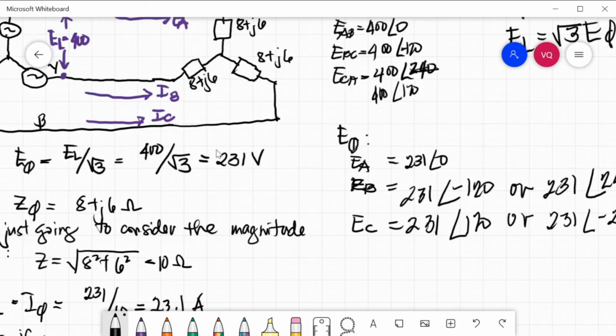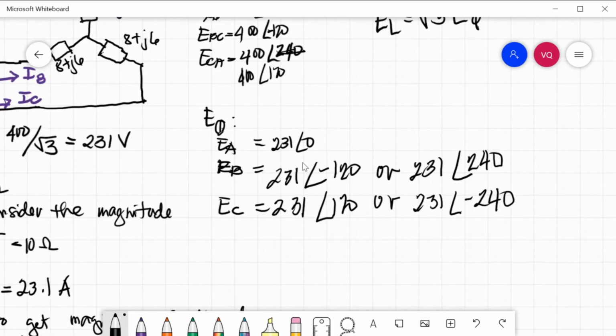That is its magnitude only, but if we consider magnitude and direction, we have EA is 231 angle 0, EB is 231 angle negative 120, or 231 angle 240 volts, and EC is 231 angle 120 or 231 angle negative 240 volts.